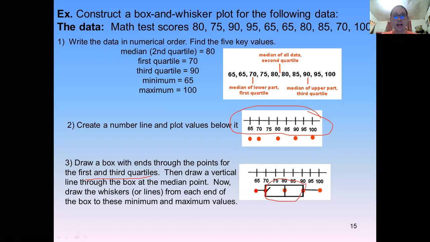Then draw a vertical line, as you can see, the vertical line. And then draw the whiskers, or lines from each end of the box. This one, the line connected. I hope you can follow. Just follow the drawing or the illustration on how we constructed a box and whisker plot, and then you will be able to construct your own.